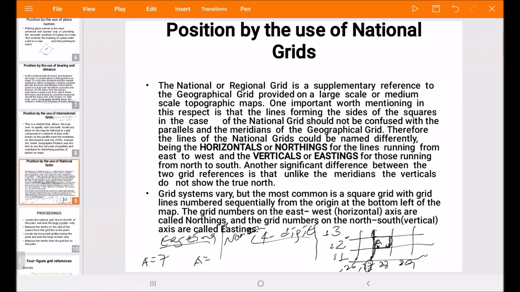Then assume this is 73, which is the easting.